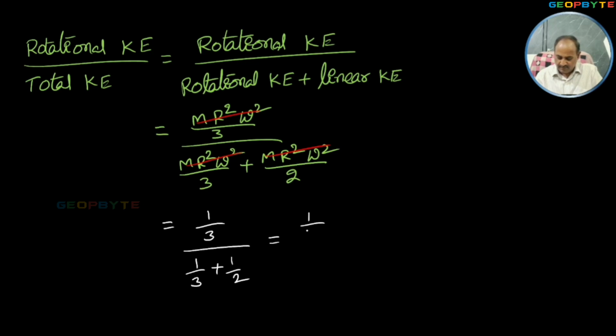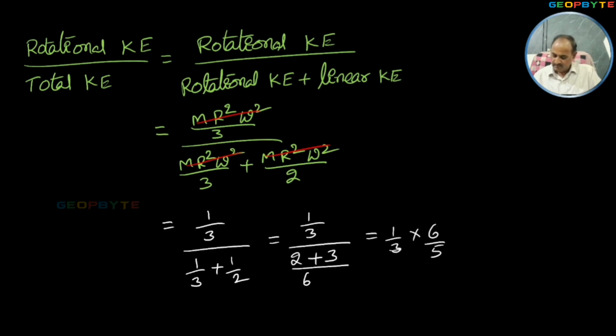It is equal to 1 by 3 divided by 5 by 6, where 2 plus 3 gives 5 over 6. That is 1 by 3 into 6 by 5, which is 2 by 5. The ratio between the rotational kinetic energy and total kinetic energy is 2 by 5.